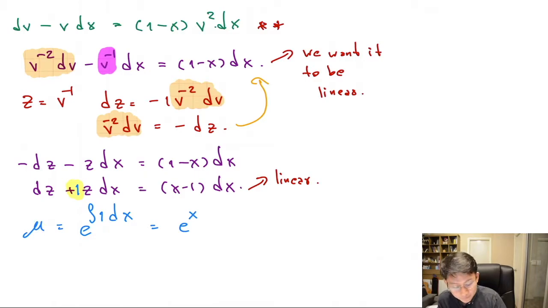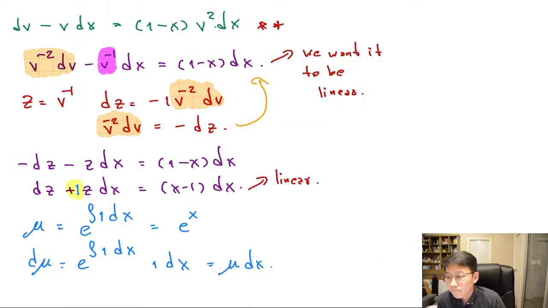And then we find d mu. It's e to the integral of 1 dx, and the derivative of this is just 1 dx. So it's actually mu dx.